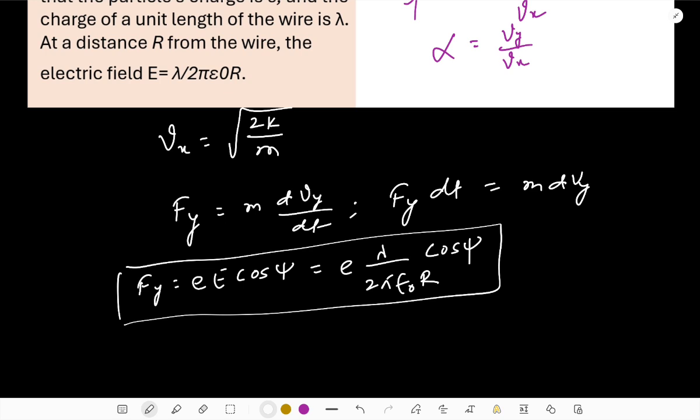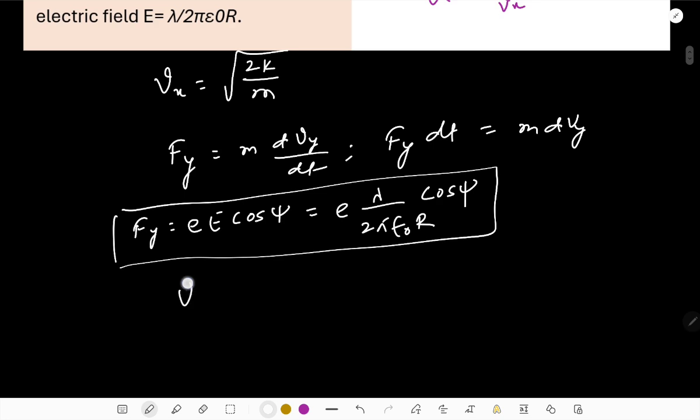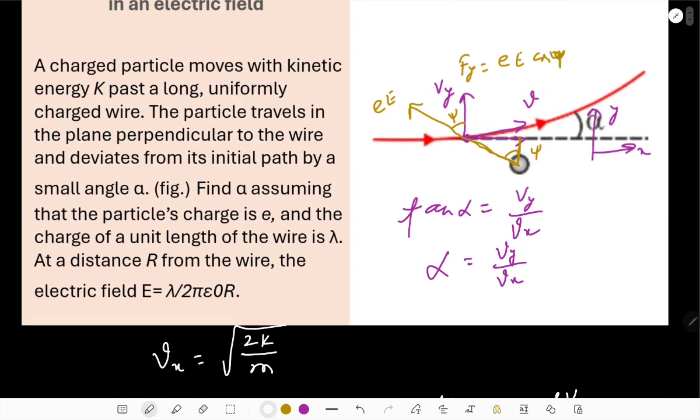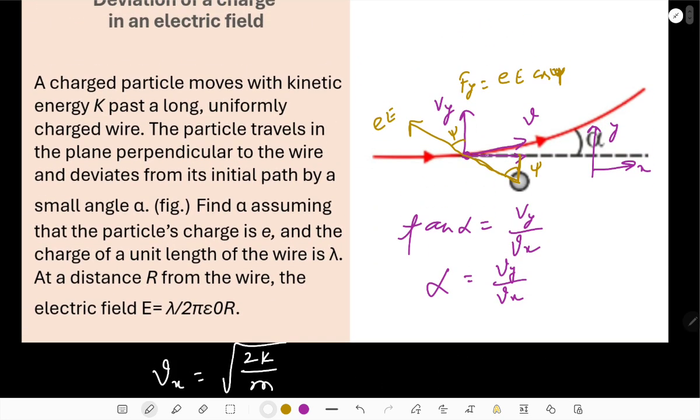I haven't used Vx yet. I can write Vx equals dx by dt, so that dx is a very small length in this direction.